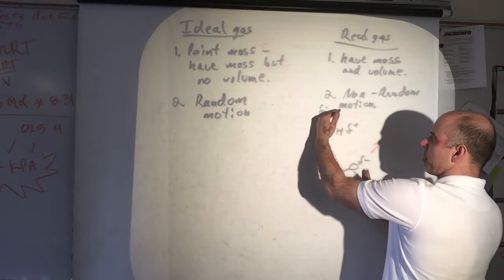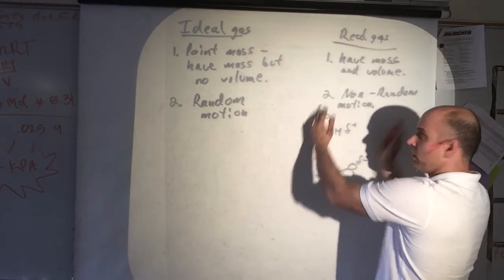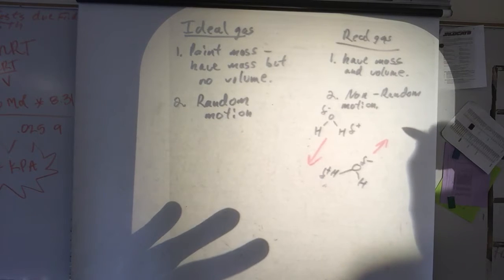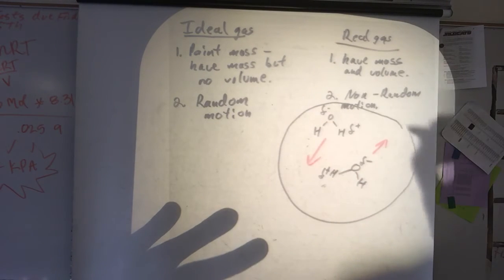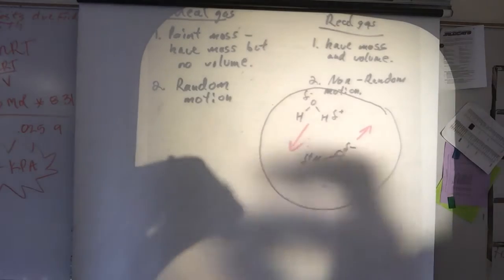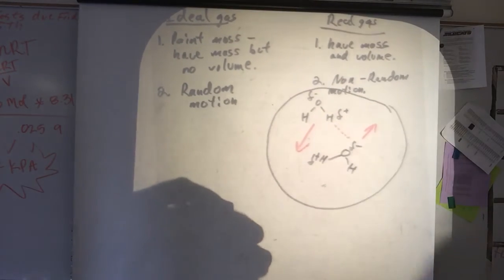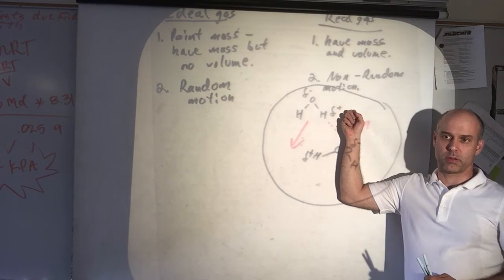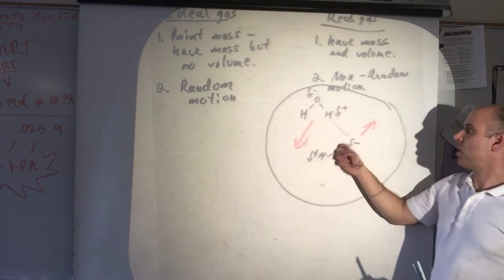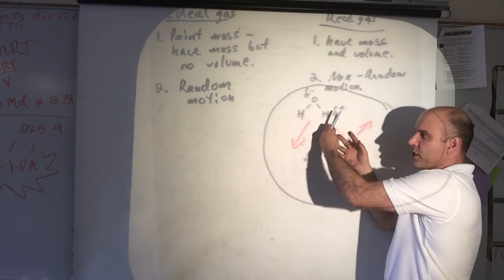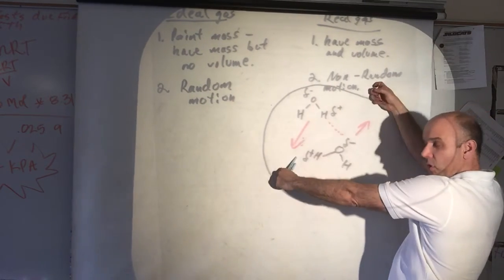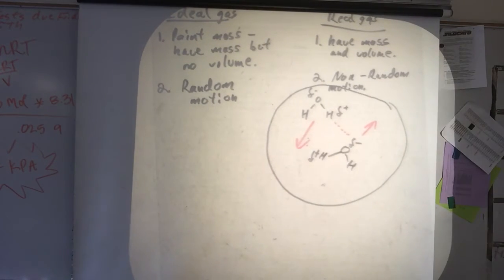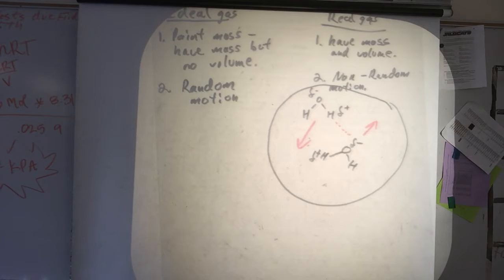So as they go by each other, there'll be slight attraction towards each other, and it will change their path. And if the two gases are attracted to each other, they're not going to hit the wall of the container with as much force. So if there's some attraction, it's going to affect the force at which they hit the container, and that is going to reduce your pressure. So it's going to affect the pressure.